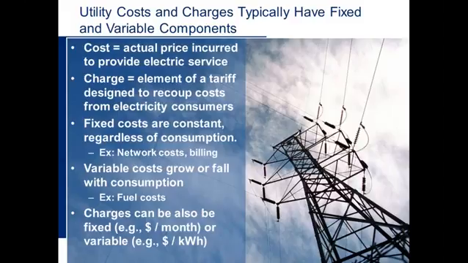This is a volumetric rate. The more electricity you use, the more you pay. It's extremely common. Now, on the other hand, some power bills have fixed charges. These charges are ones that customers get hit with regardless of how much electricity they use. So let's head to the next slide.